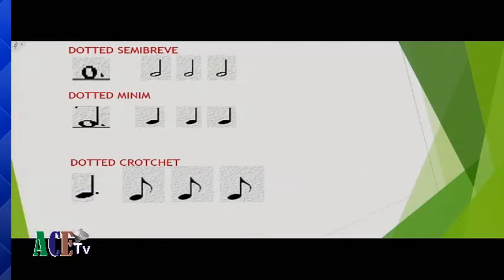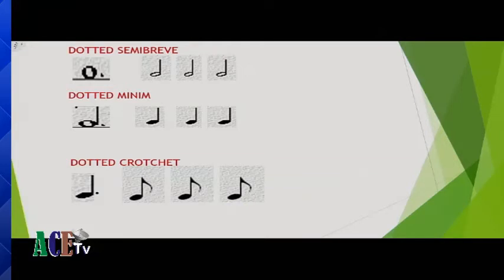The first one, which has a circle with a dot, is called the dotted semibreve. It's different from the ordinary semibreve. A semibreve has only two minims as its value, but the dotted semibreve I'm talking about has three.